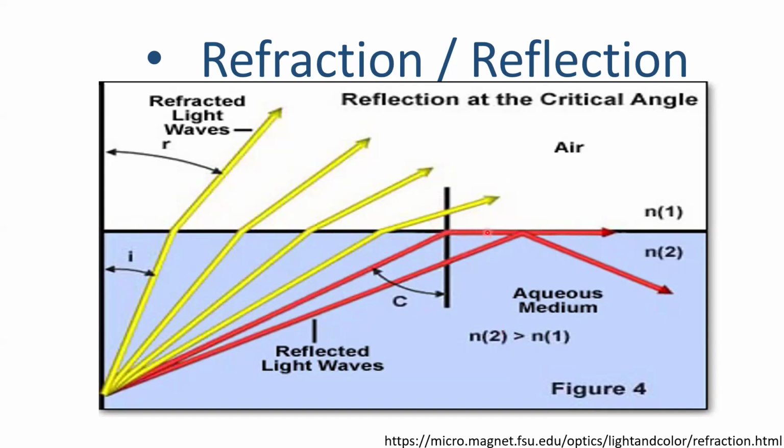It's called a critical angle. And then if we keep increasing the angle of incidence, at some point we're going to pass the critical angle. So here is the critical angle here, same as here. Those two angles are equal. And we're going to accomplish something that is called a reflection.